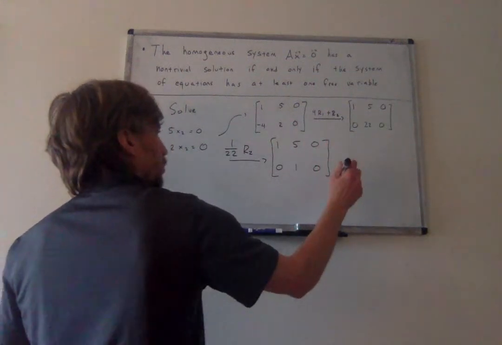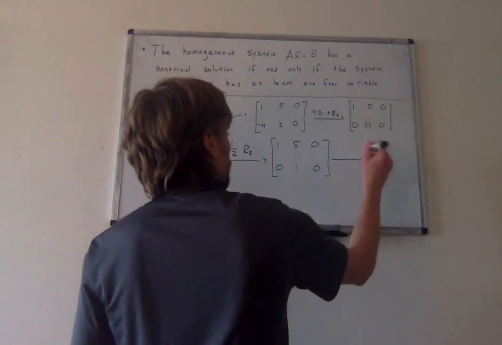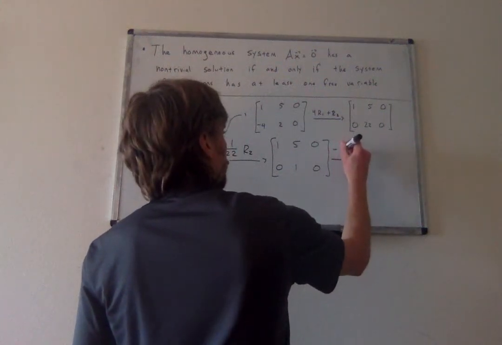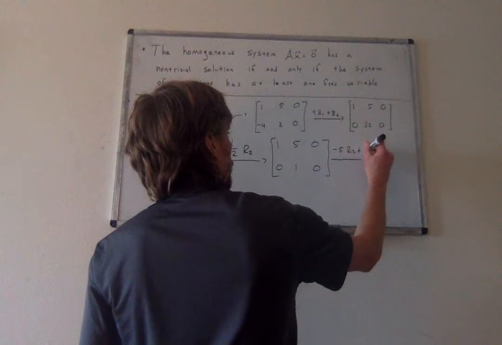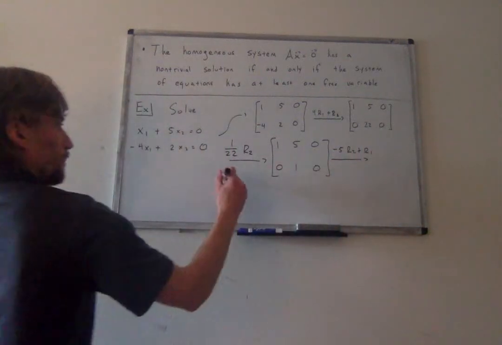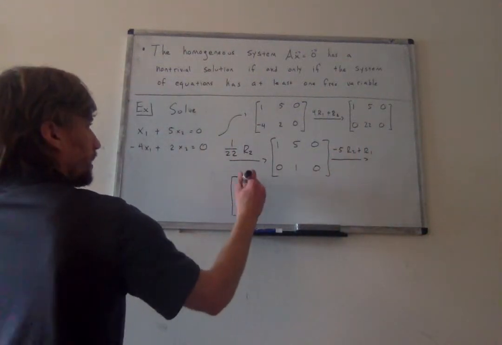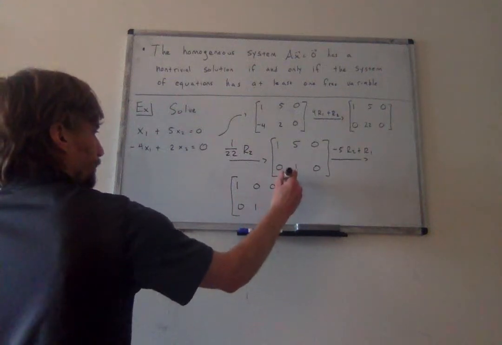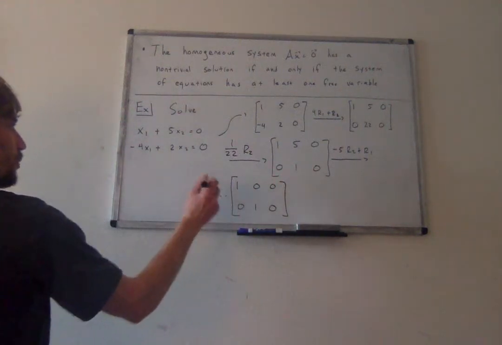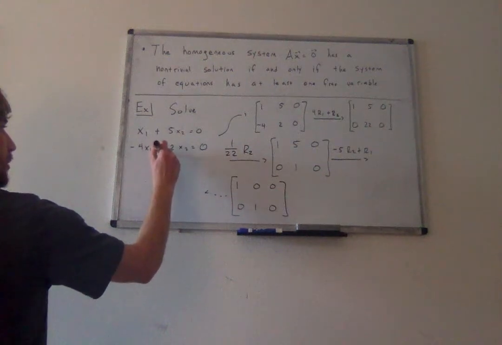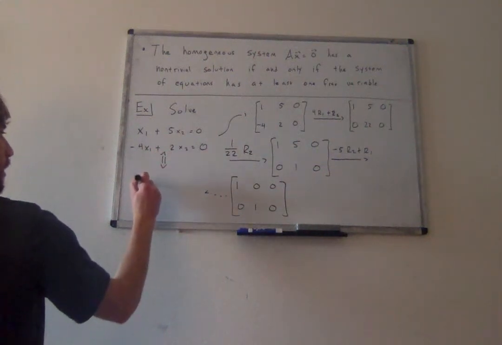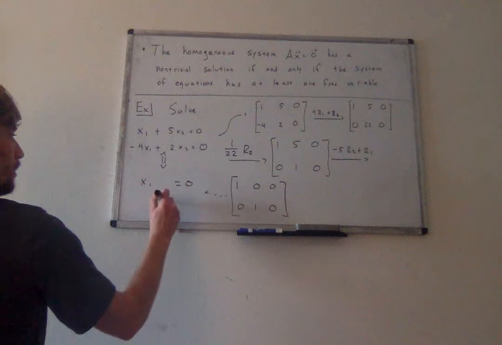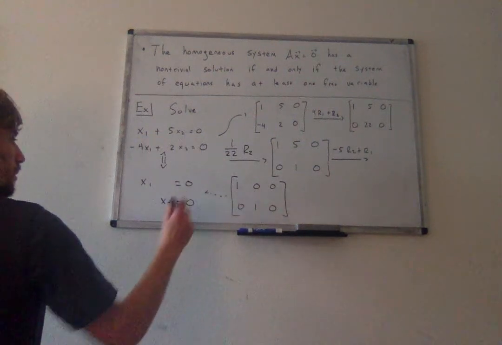And last but not least, to put it in reduced row echelon form, I want to do negative 5 row 2 plus row 1, and that's going to replace row 1. And so I get the matrix 1, 0, 0, 0, 1, 0. Notice I get an equivalent linear system here of x1 equals 0, x2 equals 0.